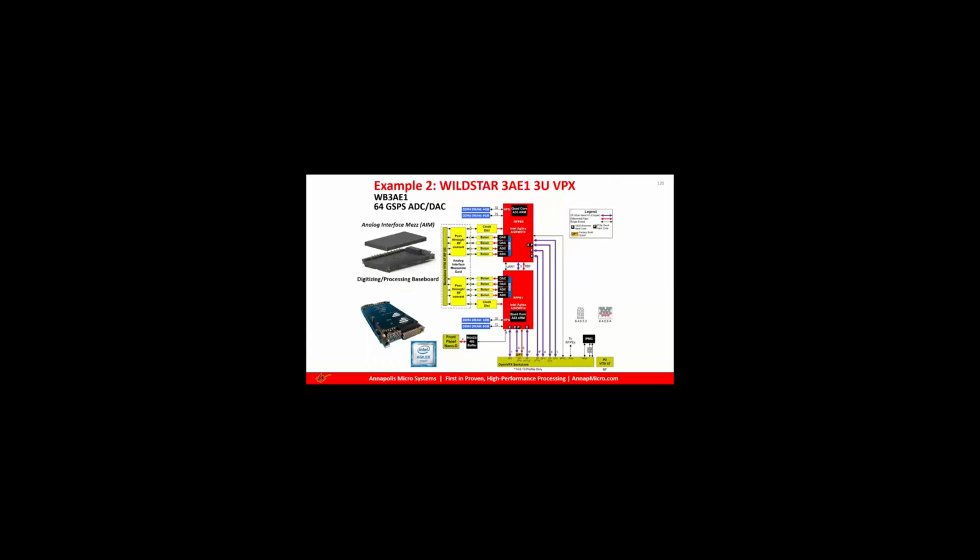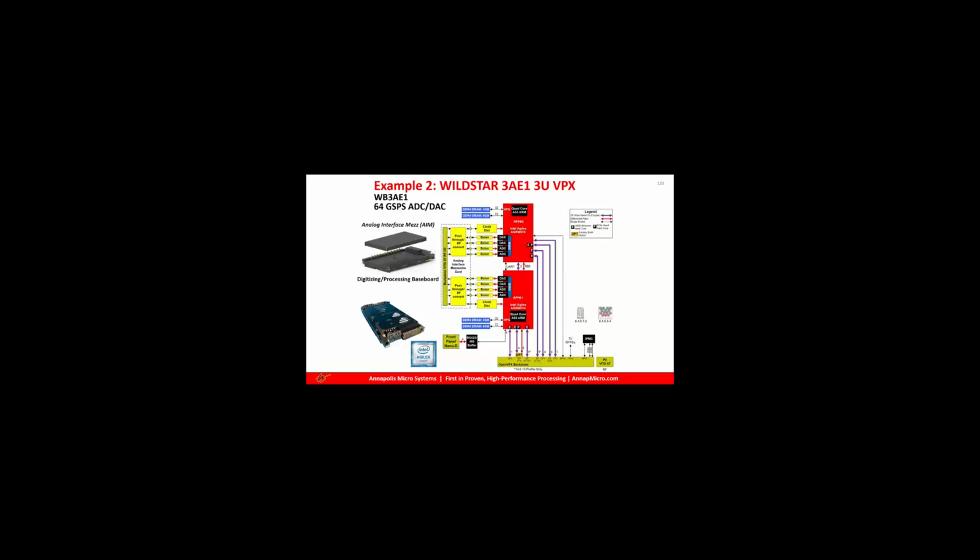Next slide. Thank you. Sort of continuing to apply the direct RF digitization, but increasing the channel density on the system. So we're getting to a system where we have 4 channels of ADC and DAC, and we can combine the digitization with the processing of the FPGAs in a 3U card.